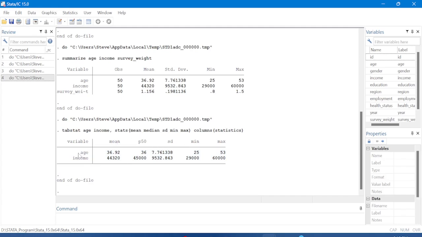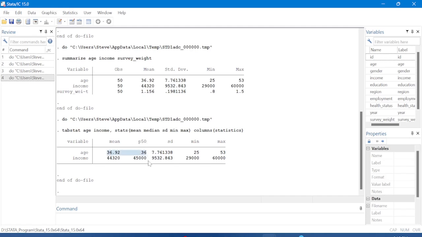So for example, for age, you have average age is this, average income is this, and the 50th percentile you have this for age. So I hope you understand what the 50th percentile means. It means that at most 50% of your respondents are aged this many years and below.